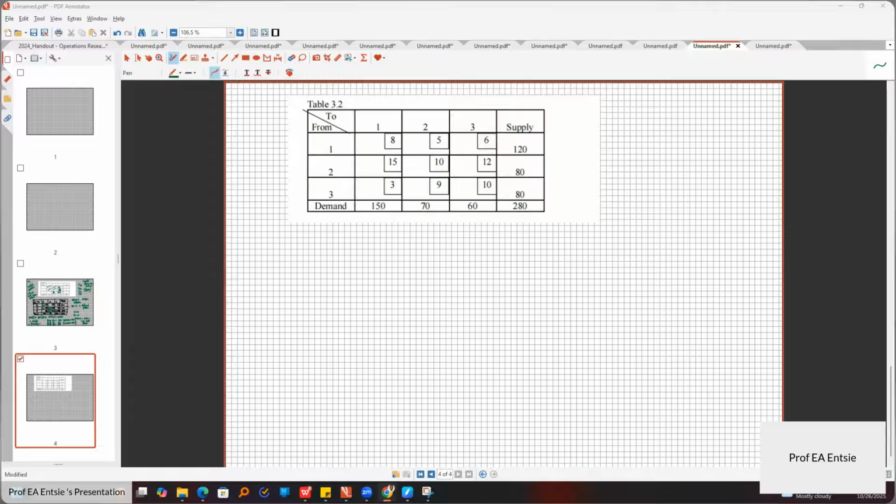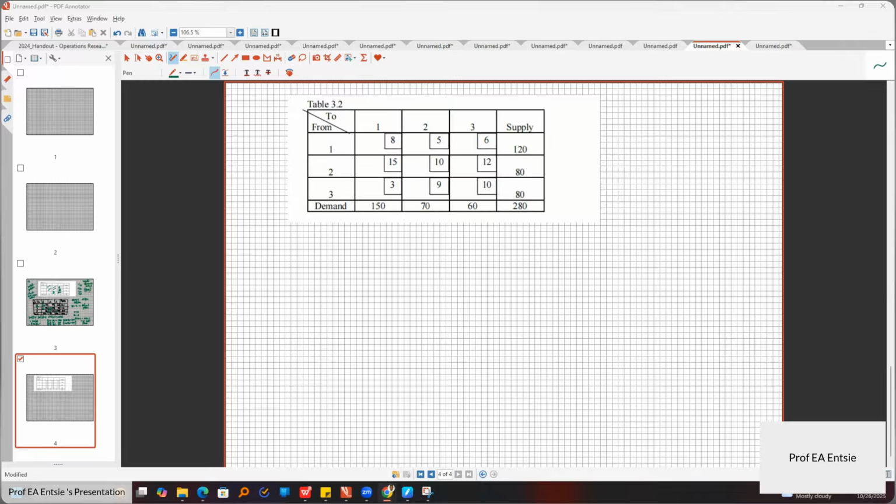So I've come your way again with the next initial solution, because we need to find the initial solution, like how we did for the simplex tableau.